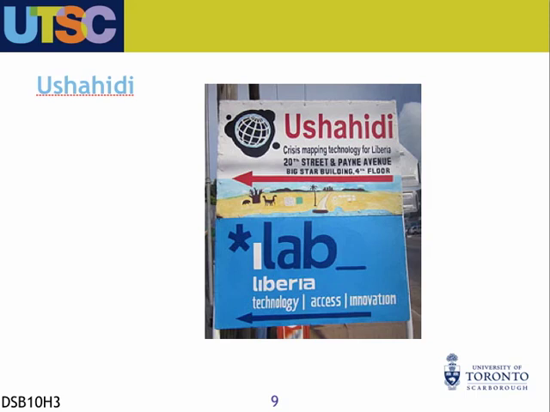How can they help people report corruption, and so on? And this is Ushahidi, an open source tool which you can look up online, which combines, I think, Google Maps with this cell phone interface. And they call it crisis mapping technology.